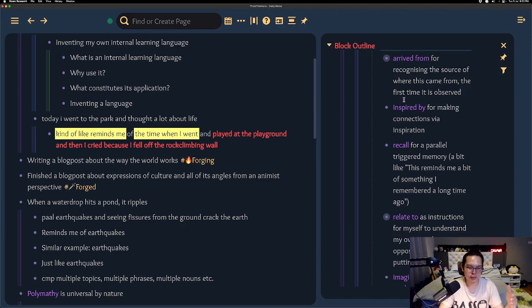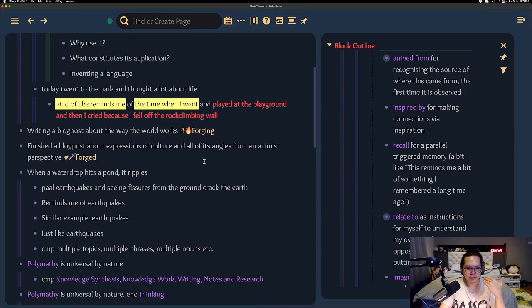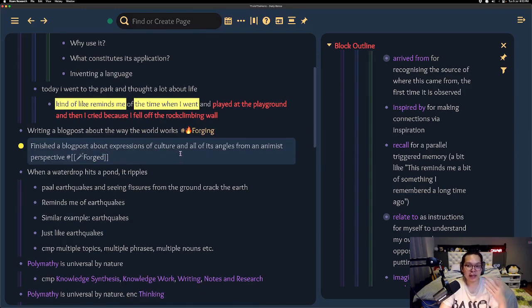Sometimes we get a little bit too dependent on ecosystem thinking, when we're paging everything and block-reffing everything and making sure these are really useful, etc., etc. But then if all I write is just, "recall when this happens," or "I wrote this blog post, it was inspired by a movie that I watched last week," or "I reached this block and then I arrived from a tweet thread that I read three days ago."